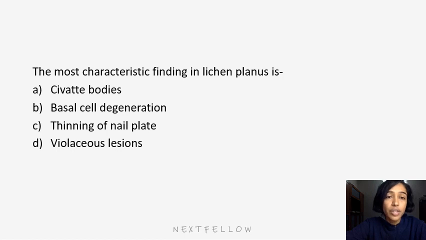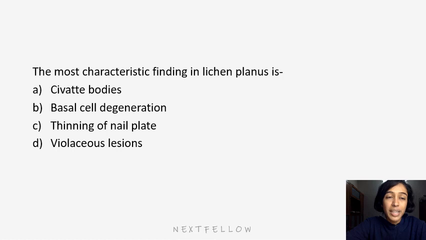The most characteristic finding in lichen planus is civatte bodies, basal cell degeneration, thinning of the nail plate, or violaceous lesions. So civatte body is the necrosis of individual keratinocytes in the basal layer, right? That's not very characteristic of just lichen planus. Vacuolar degeneration can happen in other lichenoid conditions also.